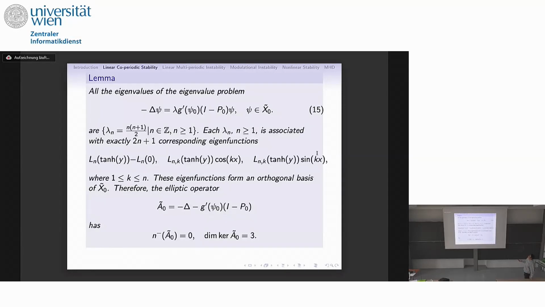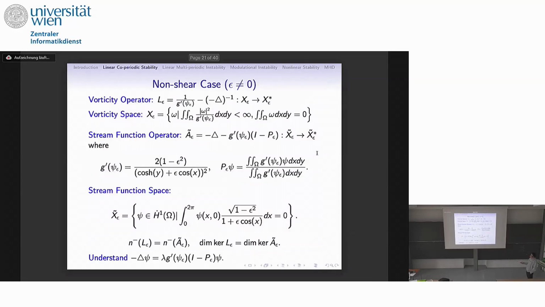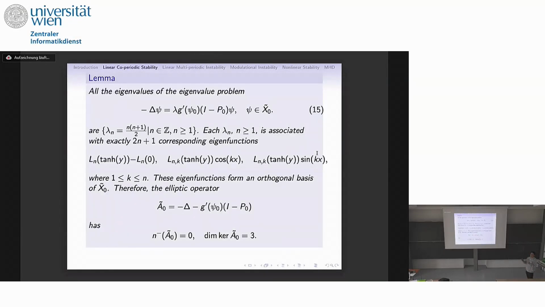Lambda greater than 1 corresponds to positive directions, and lambda less than 1 corresponds to negative directions. For this spectrum problem, we are able to find all the explicit eigenvalues and eigenfunctions. In particular, there are no negative directions, so the negative dimension is equal to 0, and there is a 3-dimensional kernel space. This is for the case epsilon equal to 0: you can use separation of variables, and it reduces to a bunch of ODE spectrum problems.